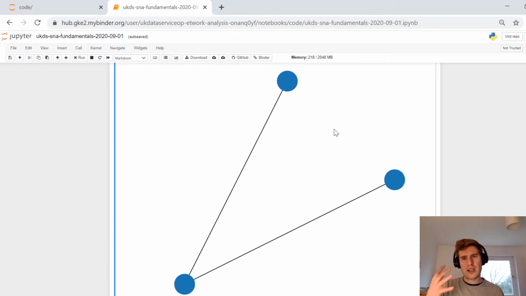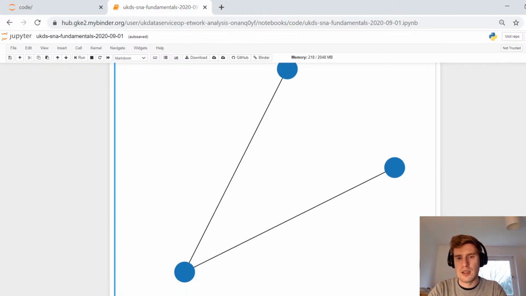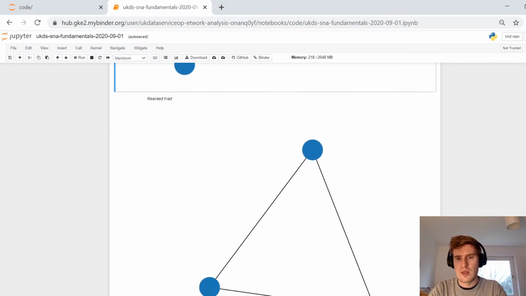This is the friend-of-a-friend idea in a social network: what's the probability that a friend of a friend becomes a friend? This gives us an idea of how likely a network is to become a bit denser, how likely connections are to form when we see this kind of example in the network. So that's a possible triad.